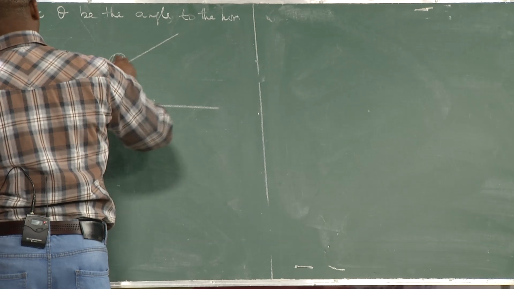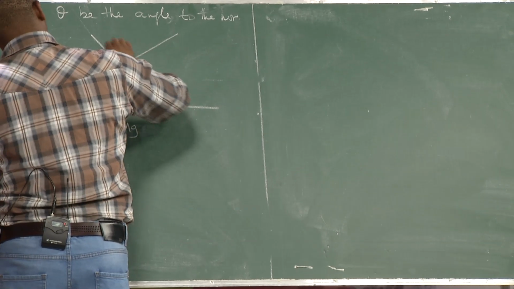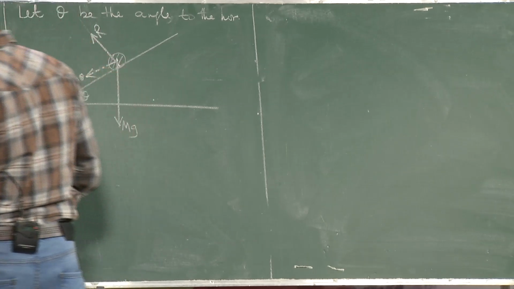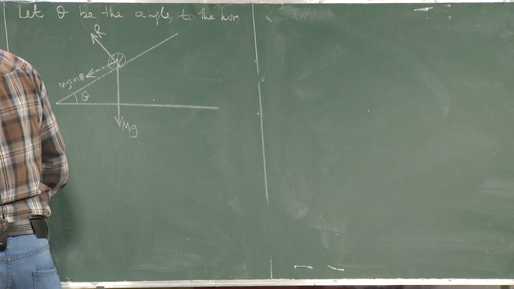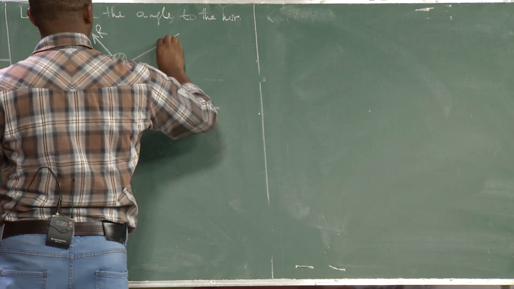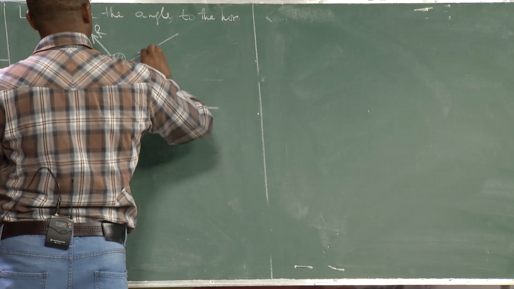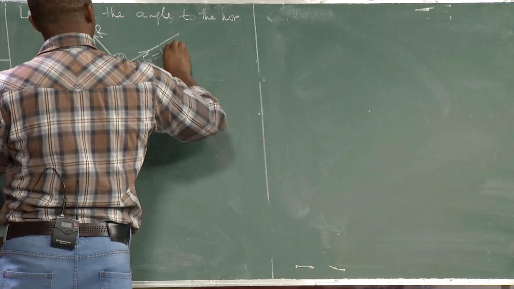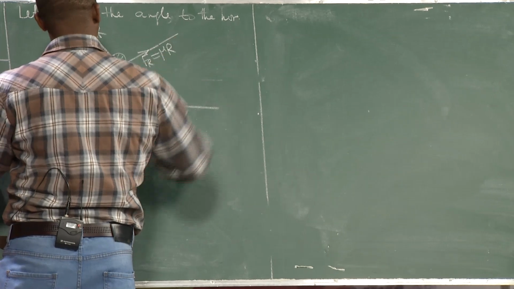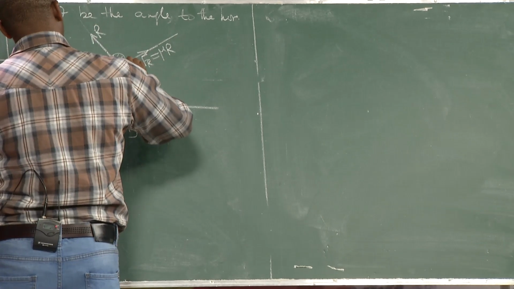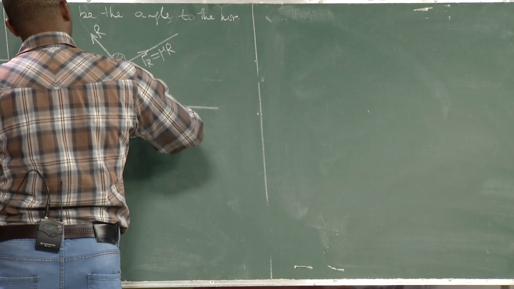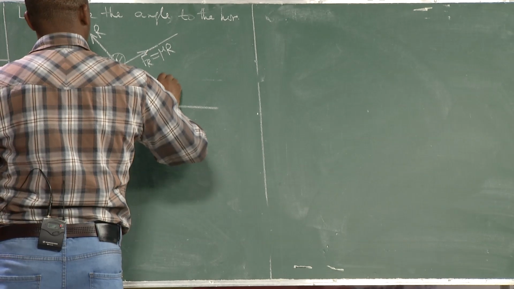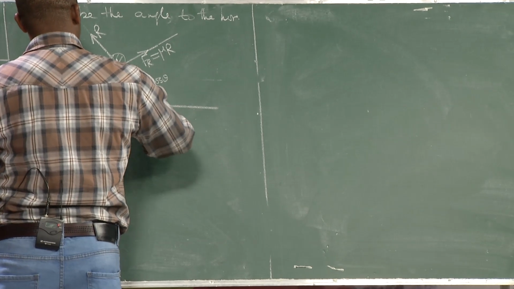It will have a normal reaction, which we shall call R. And since it is prevented from sliding down, the frictional force will act up. This frictional force is mu times the normal reaction. And we have another force here, which is the weight times the cosine of this angle theta.